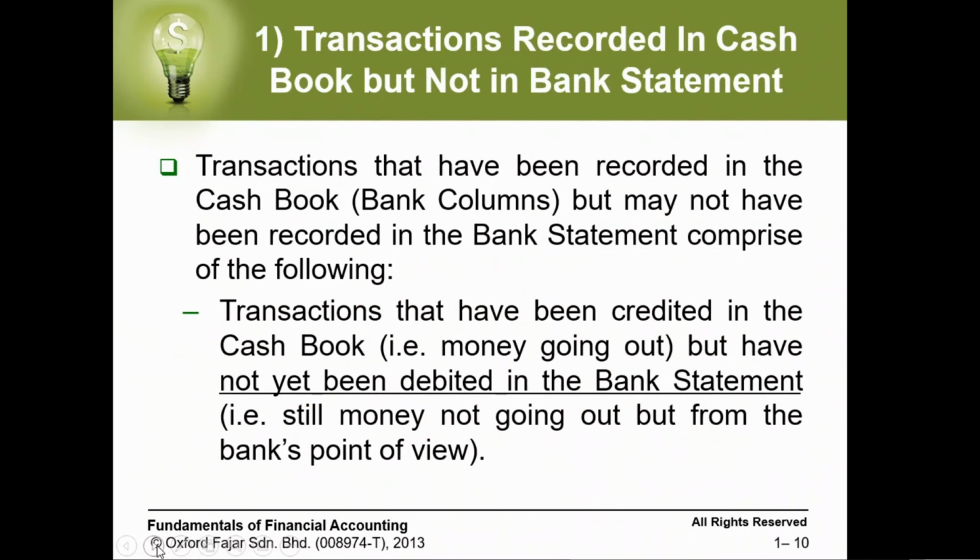So when we talk about the first type, which is a transaction recorded in the cash book but not recorded in the bank statement, we take some examples. Let's say a transaction that has been credited, which means the money is taken out from your bank account in your documents but not yet taken out in the bank document.